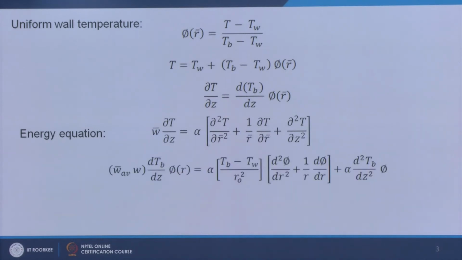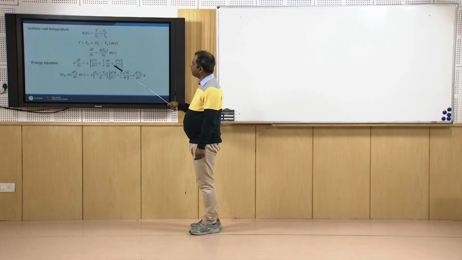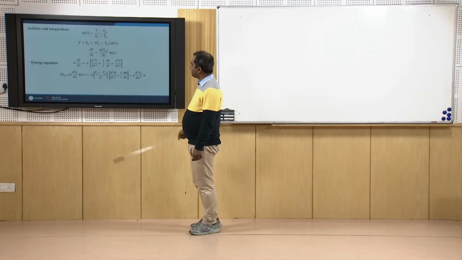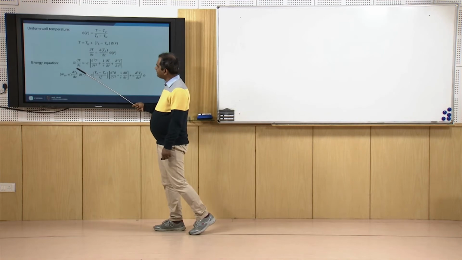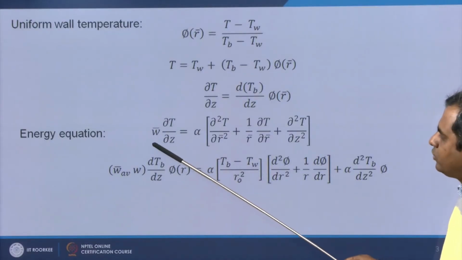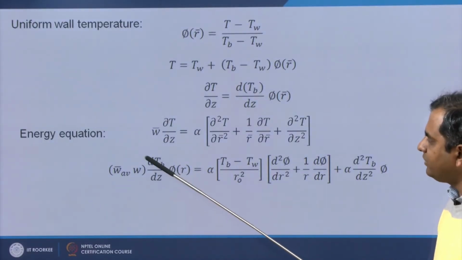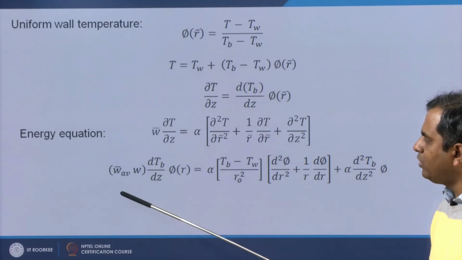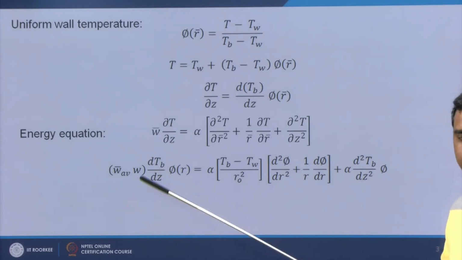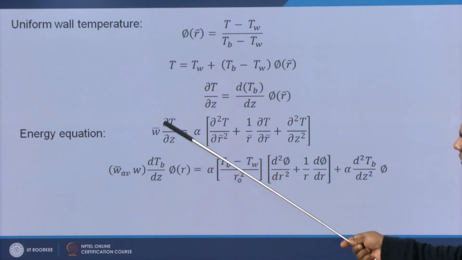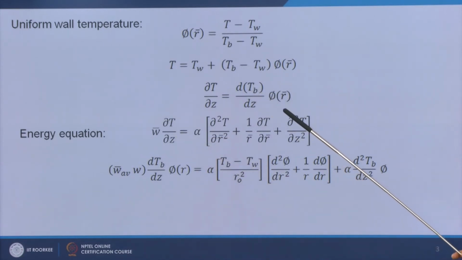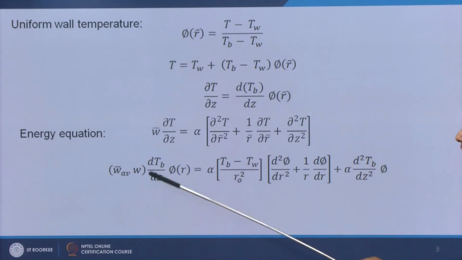Next, let us see how this equation can be non-dimensionalized. In the left hand side we are having W. That W we non-dimensionalize with some average value, W bar into W. And del Z of T, we have already seen, is nothing but d dz of Tb into phi r, so that value we have substituted.